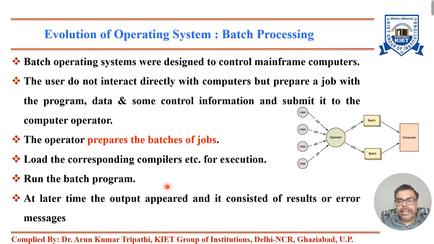So the utilization of the computer will increase because there is less wastage of time during the loading and unloading of the compilers. Nowadays, in our machines, a number of compilers can reside simultaneously in the main memory, but in the olden days this was not possible. So to overcome the problems associated with serial processing, batch processing came into existence.